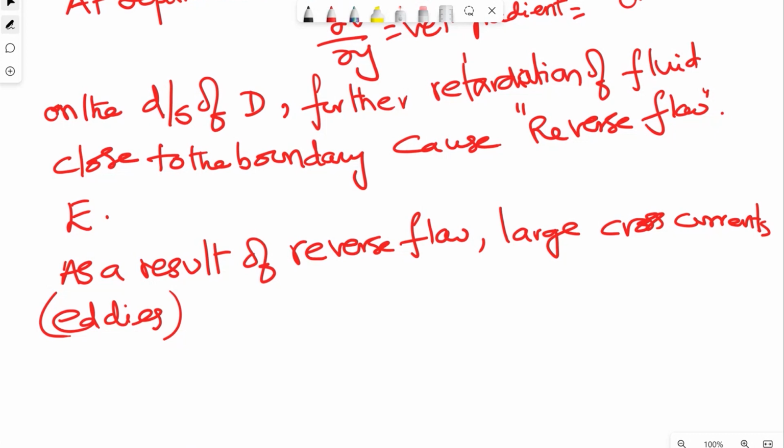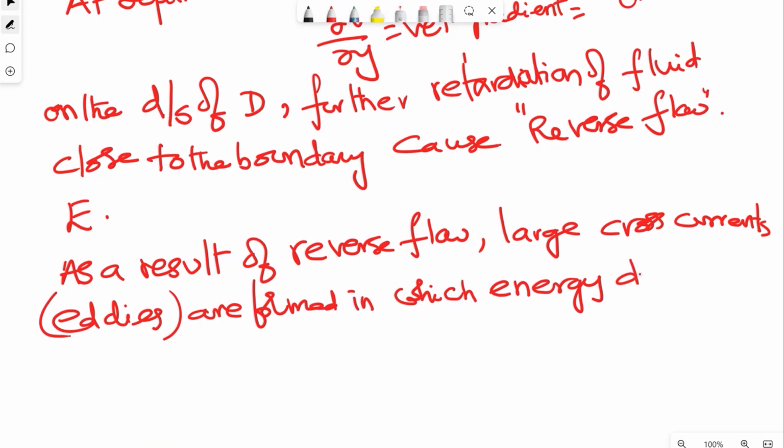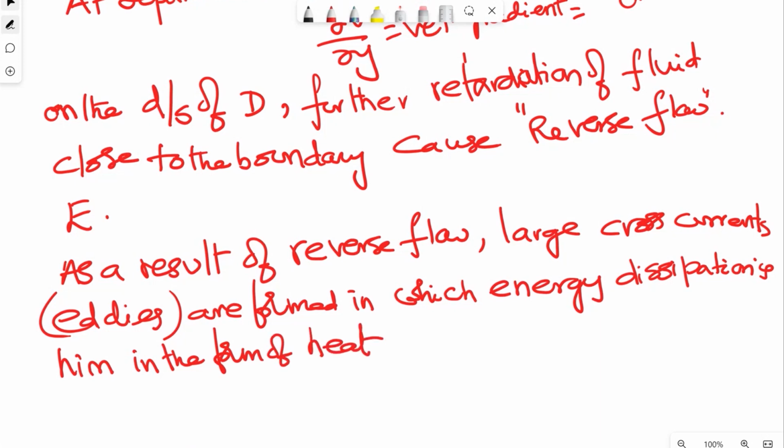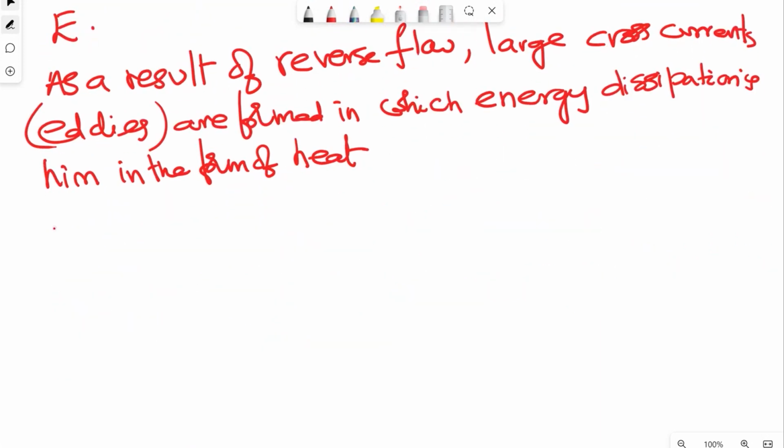In these, energy dissipation is high in the form of heat. This is the next point.